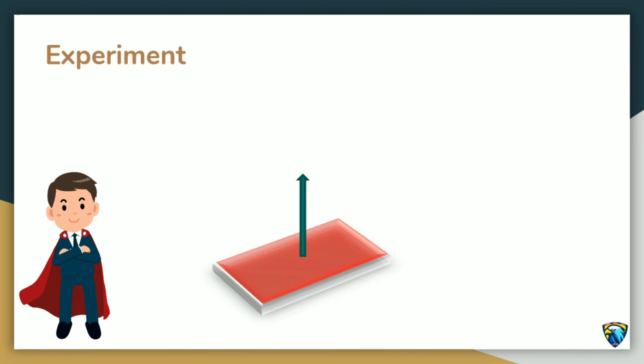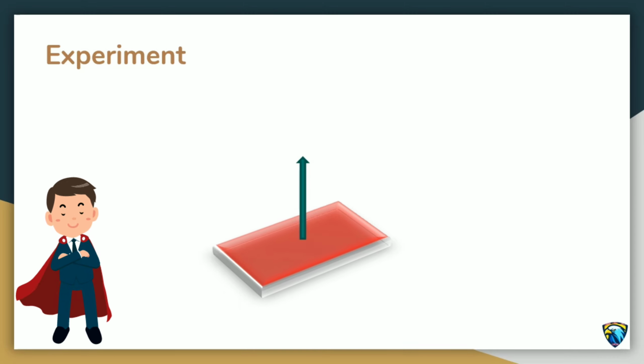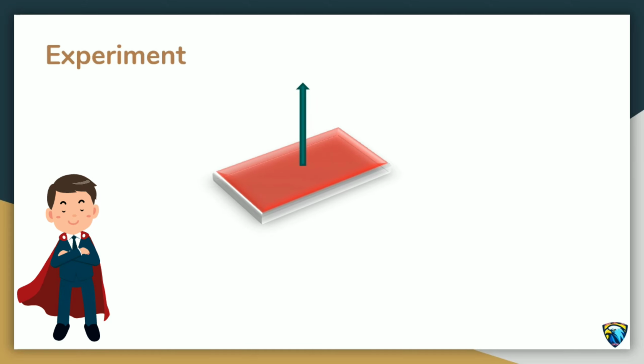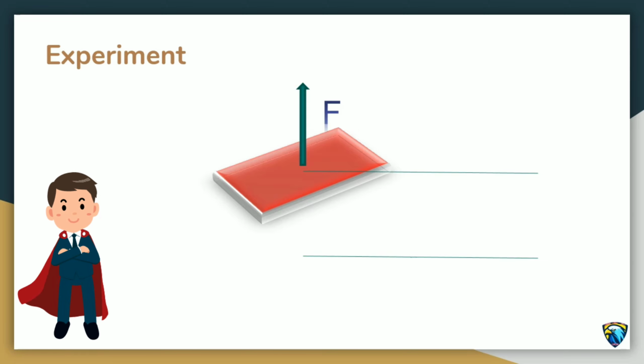But if you lift up the book like this, have you done any work? The answer is yes, because there is force involved and there is a displacement. You can feel the force when you are lifting the book and your book displaces from one point to another.